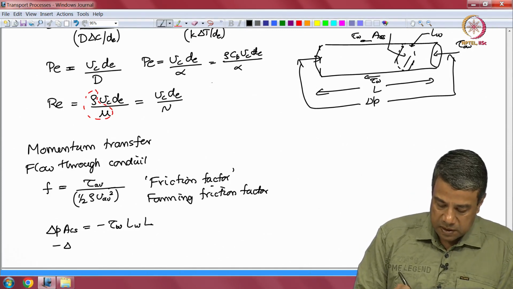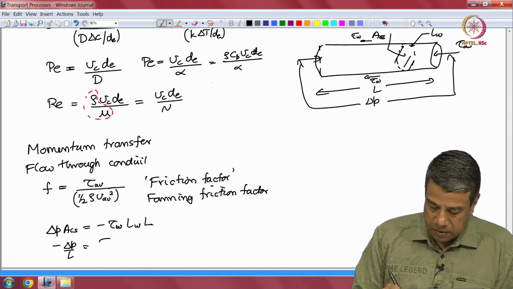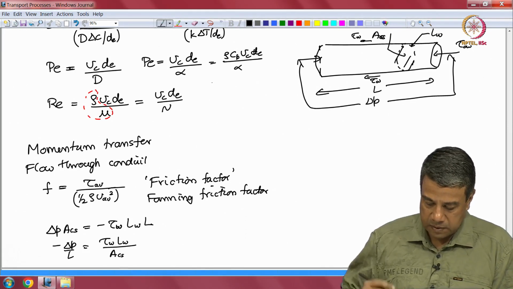Therefore, minus delta P by L is equal to tau W into L wetted perimeter by A cross section.